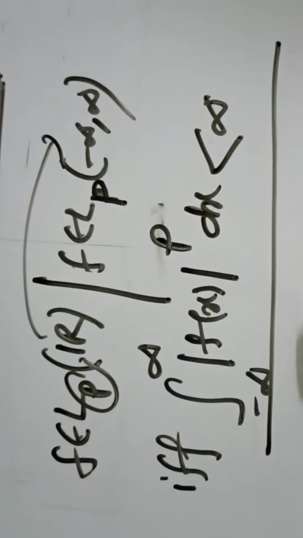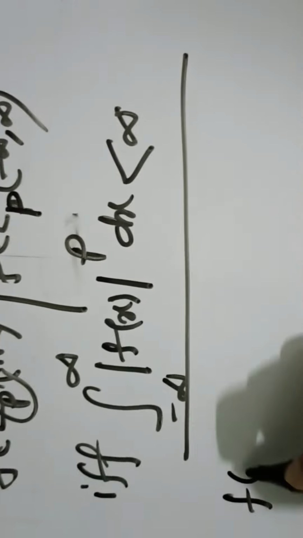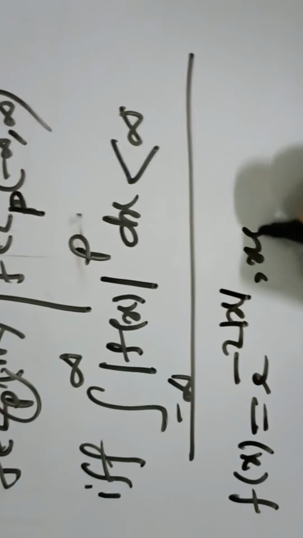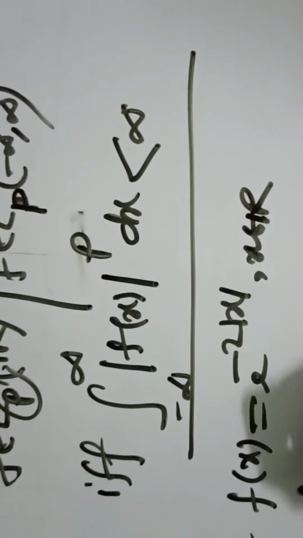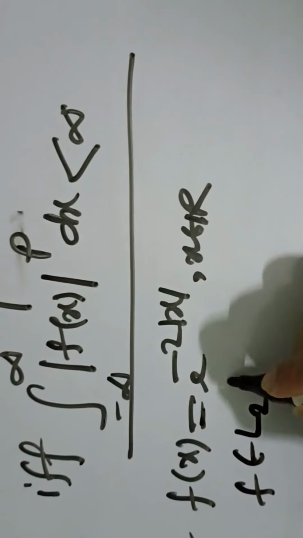I have checked the function f equal to e to the minus 2|x|, x belongs to R. This function belongs to L2(-infinity, infinity).